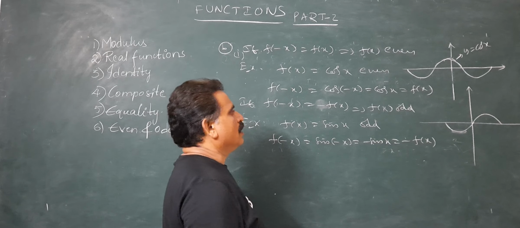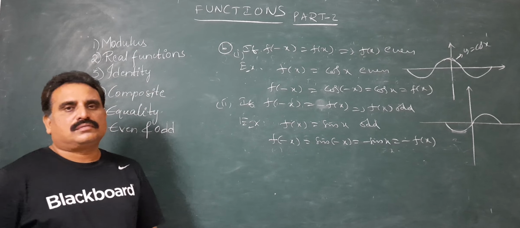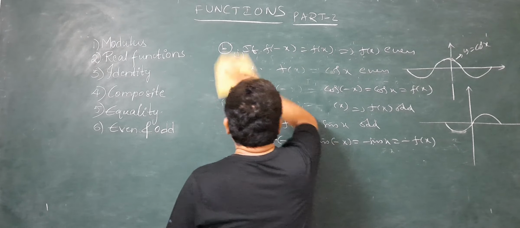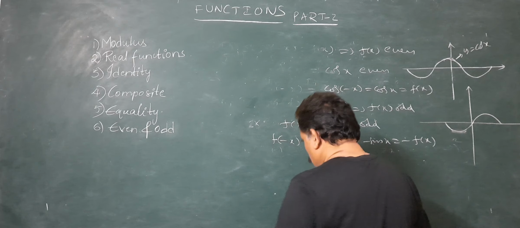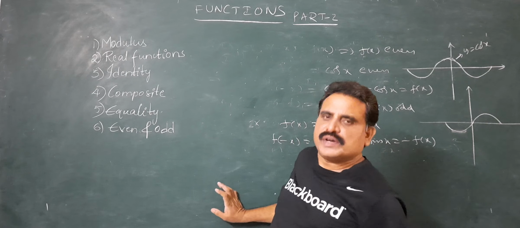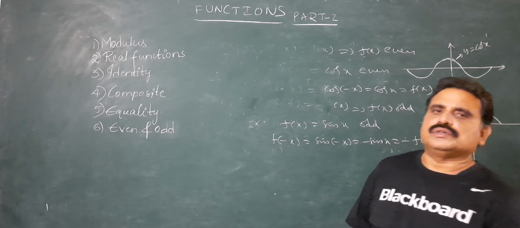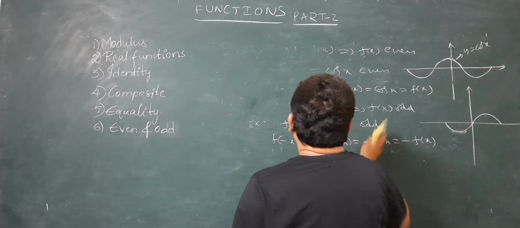Now we discuss the properties of even and odd functions. The sum of two even functions is an even function. The sum of two odd functions is an odd function.